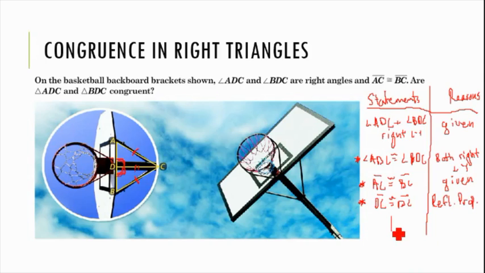Therefore, I can say by the hypotenuse leg theorem that indeed triangle ADC is congruent to triangle BDC.